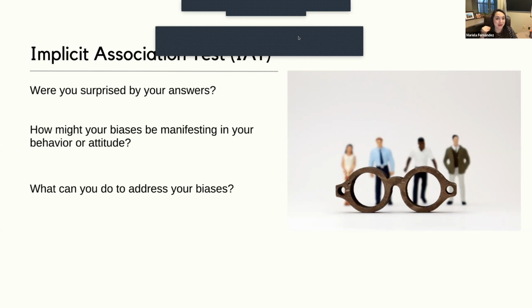Sometimes it's about that association that happens in a second, right? So in North America, at least here in the US, the way that darker skinned individuals have been portrayed in the media has usually been as bad or criminal, right?